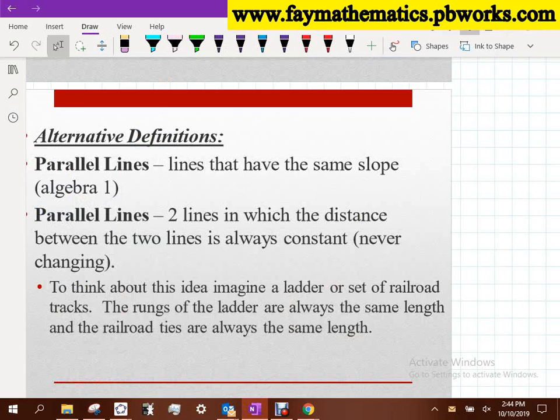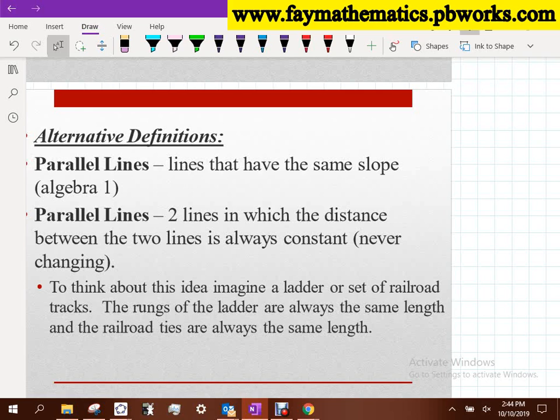So my argument is, even though we're in a different subject here, we're talking about geometry, and last year we did slopes, you're always in the coordinate plane. Every line I give you, whether it's in the coordinate plane or not, the coordinate plane can be added so you can determine the slope of that line. So parallel lines have the same slope. Another way that you might have determined what parallel meant was that there are 2 lines in which the distance between them is constant.